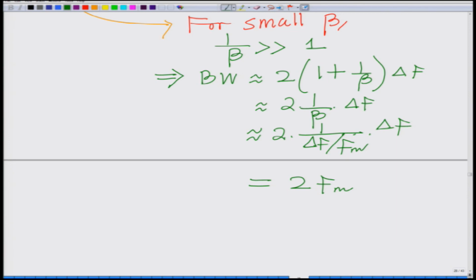Okay. So, this again reduces to the principles that we have seen earlier: for large beta this is approximately twice delta f, and for small beta this is approximately twice fm.